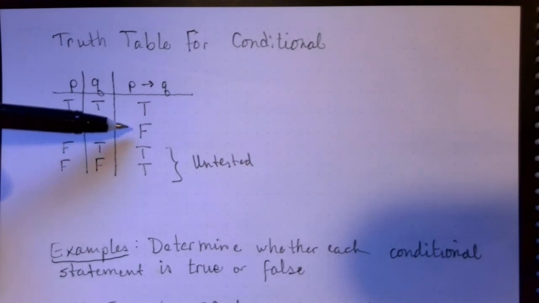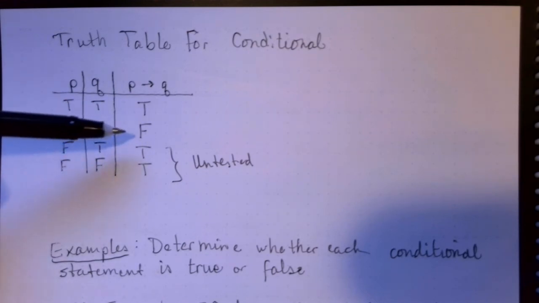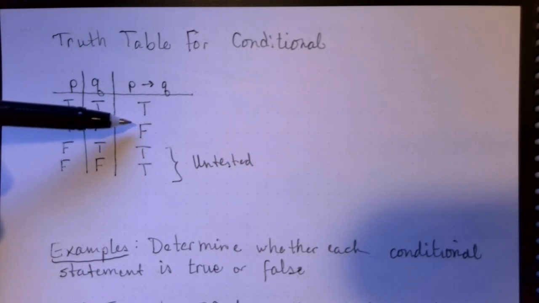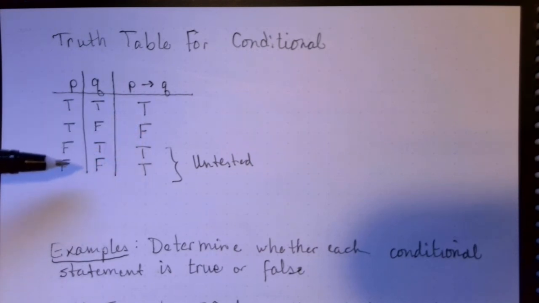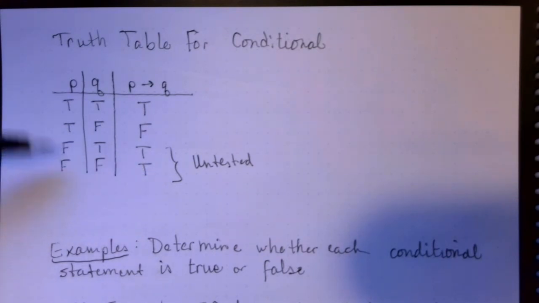That means the person saying that initial statement told you a lie. They said, if you clean your room, then you get ice cream. You cleaned your room, no ice cream, so that person was lying. Down here, I like to say that the statement was untested. Here you didn't clean your room, so you can't really say whether I was lying or not. My statement only applies when you do clean your room.